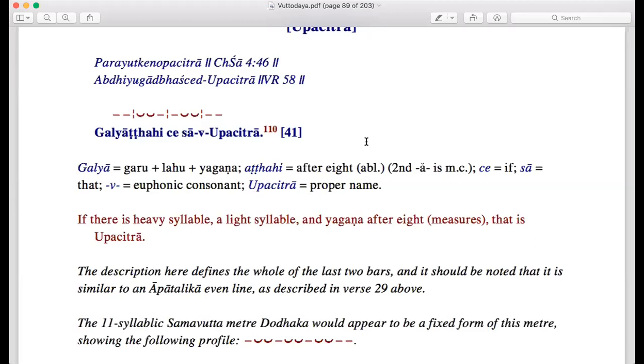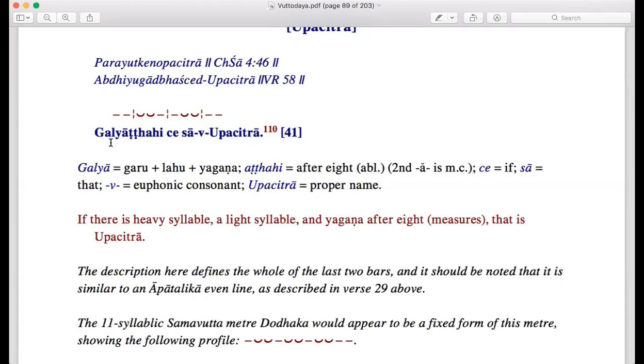He should have said, instead of galyat, something like bhagagatahi, right? Yes, bhagana and garu after. Yes, definitely, Bhante.